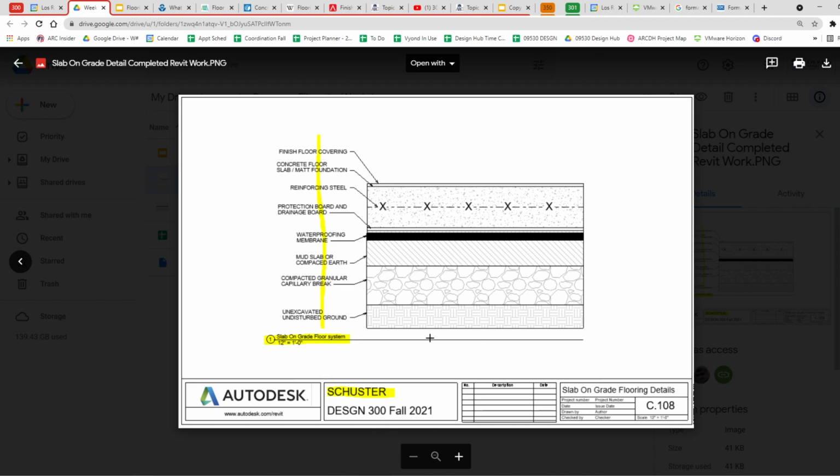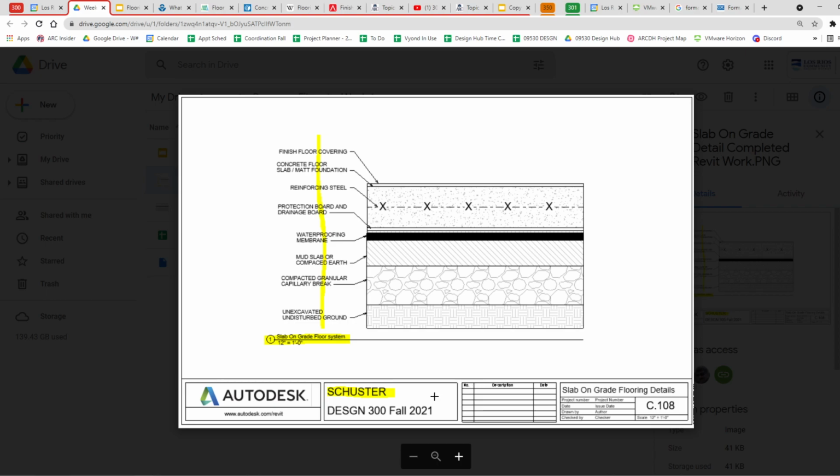Now, I've seen that a few people are taking images and snips and just putting them in there. Again, I need to see that you have done the Revit file yourself. That's the goal. You'll get partial credit if you at least show something. But the goal is that you've learned how to do this. And this is really important as you move on to other classes.